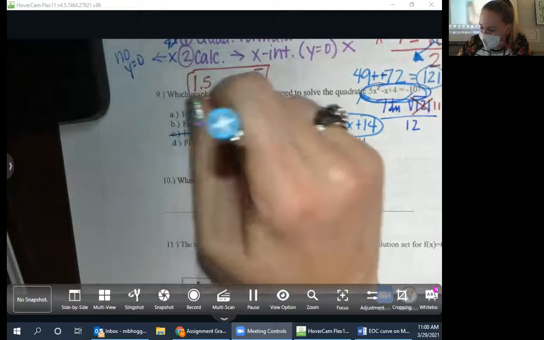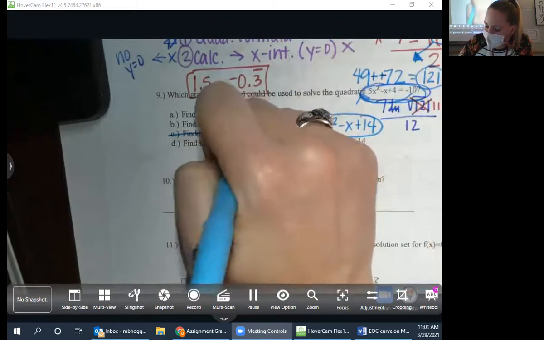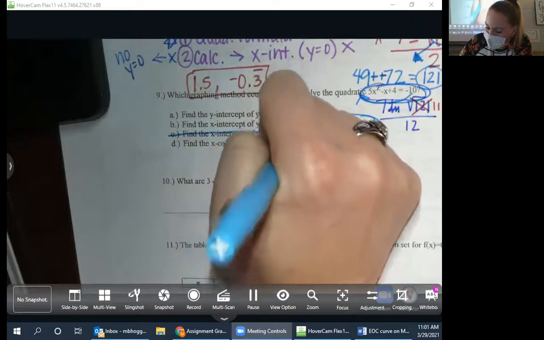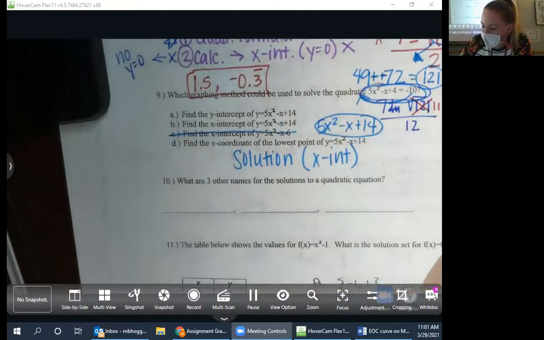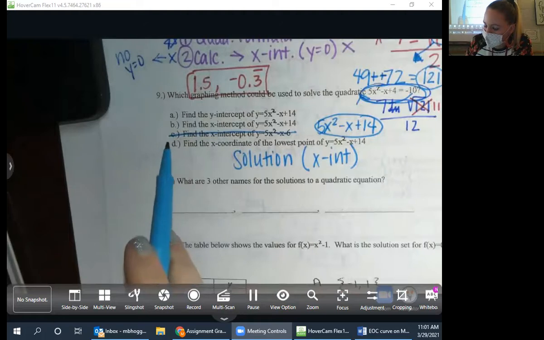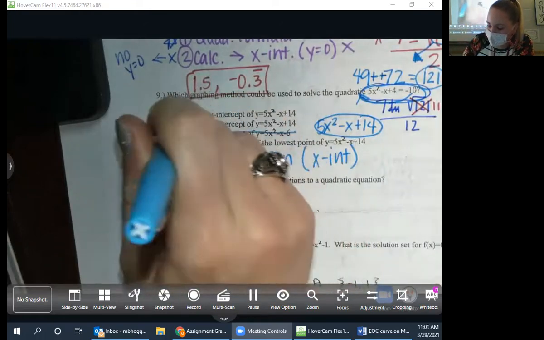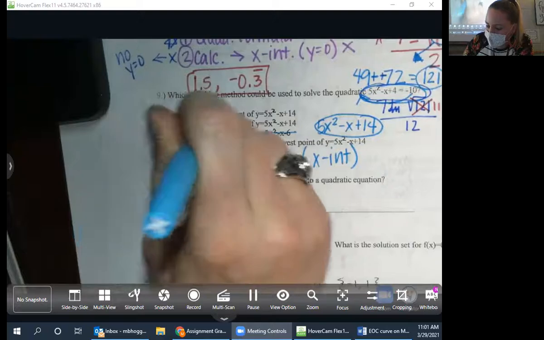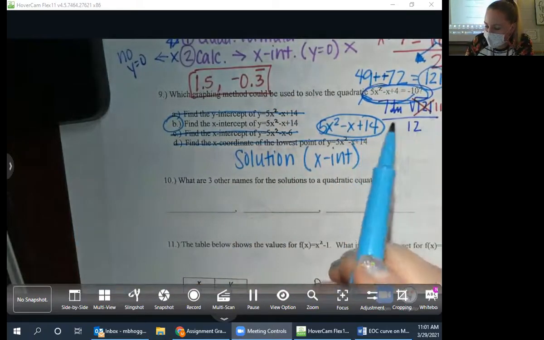So we can eliminate C because that doesn't even have the right equation in it. And it says, how can you solve it? Well, your solution is always where your x-intercept is. So what do we need to find? We need to find the x-intercept, B. The y-intercept's not going to give us a solution. The x-coordinate doesn't matter at the lowest point.